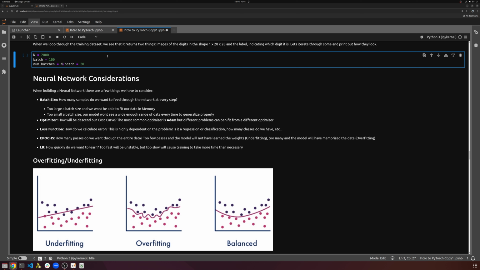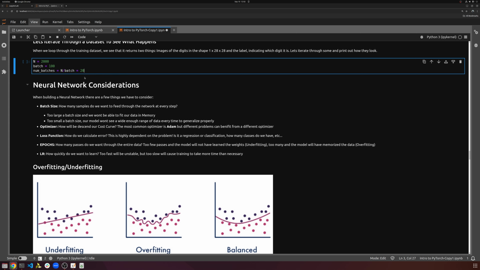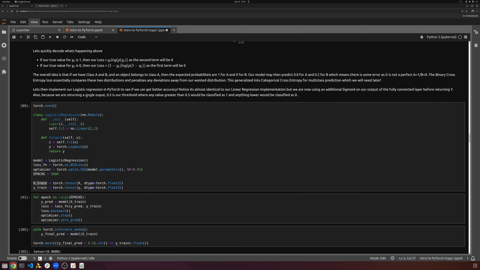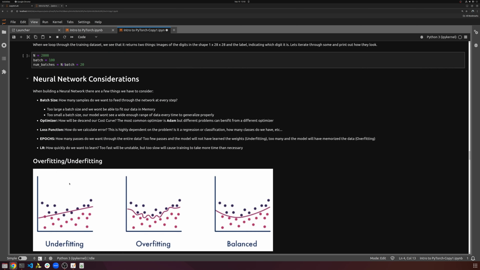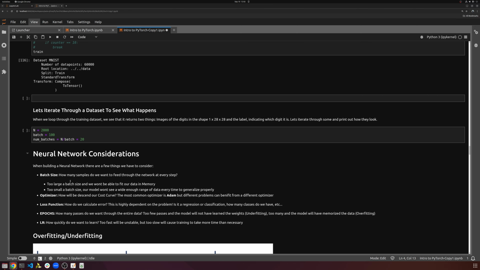So this means we're going to have our data set. We're going to grab a batch of 100, give it to the model, optimizer.step. So let's scroll up again, right? We're going to grab a batch, give it to the model, compute our prediction, compute the loss, optimize our model, rinse and repeat with the next batch, the next batch, the next batch, over and over again. So we're optimizing based on batches now.